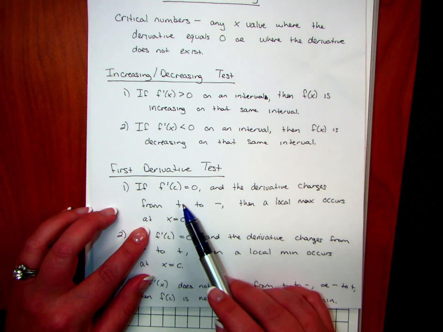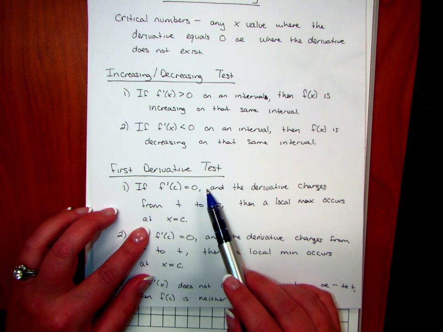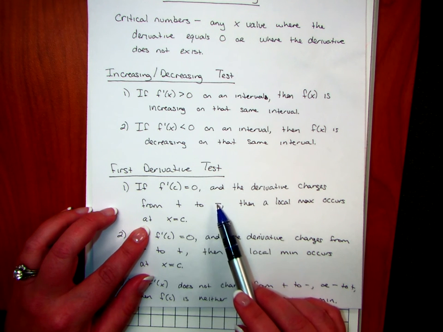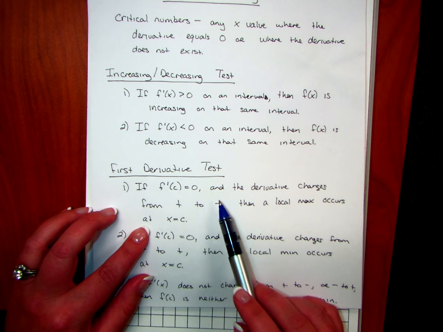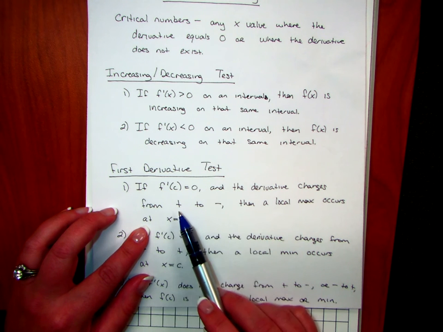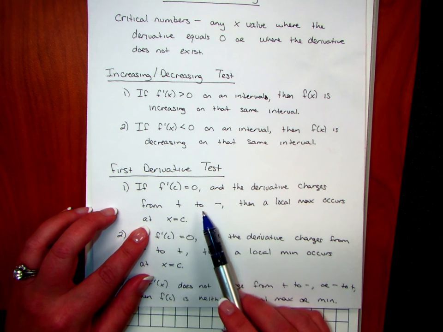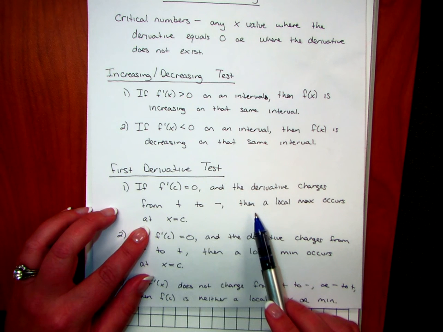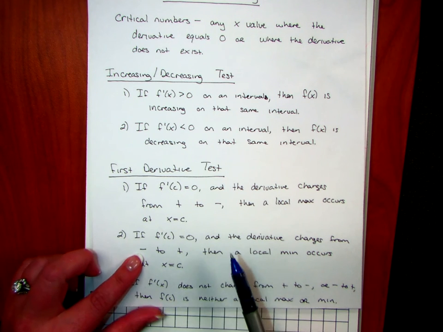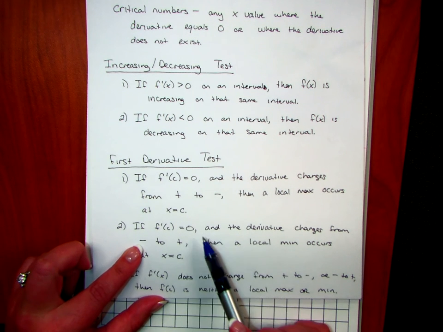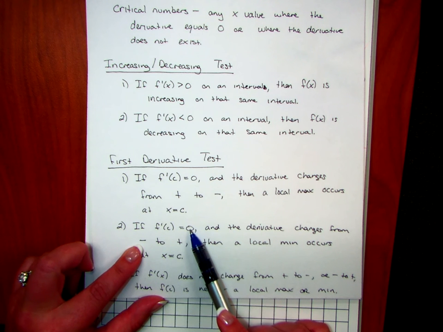If we're going from increasing to decreasing, notice that we're drawing a little max there. So if the derivative changes from positive to negative, then there's a local max, because we're going from increasing to decreasing.